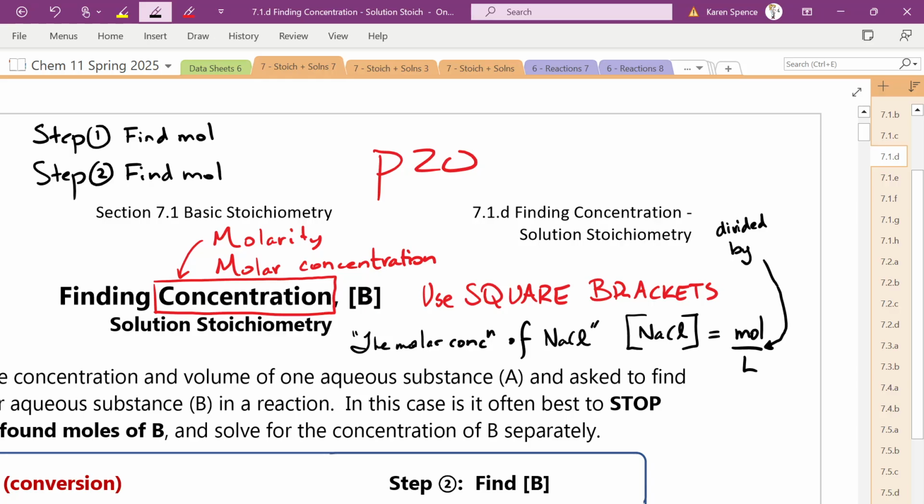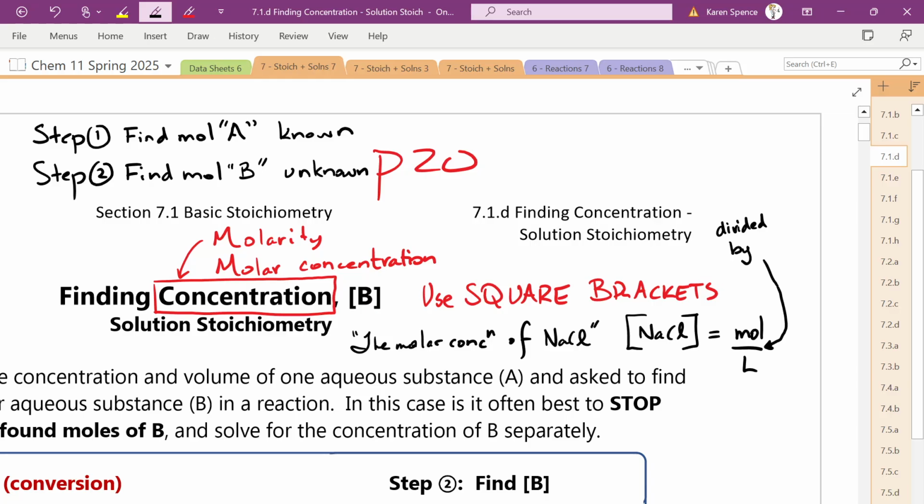Remember, step 1 and step 2 are almost identical. They are almost exactly the same. It's just in step 1, we're finding moles of A, and A is the substance which is the known. And in step 2, we are finding moles of B. B is the unknown.